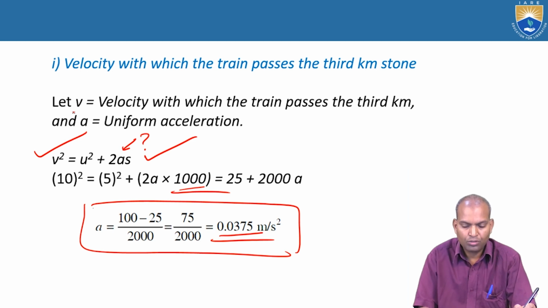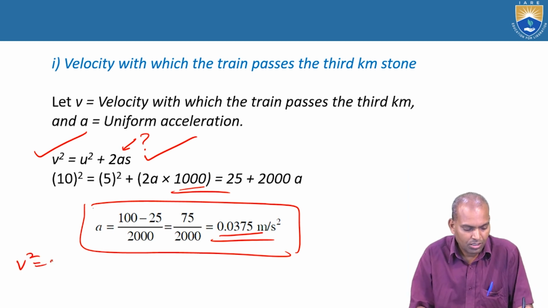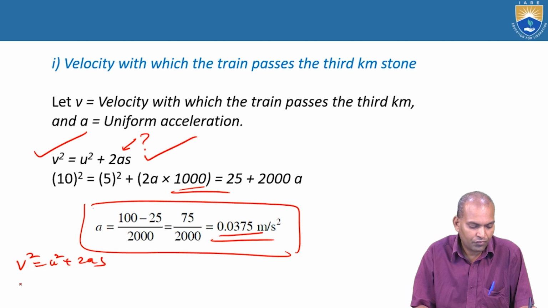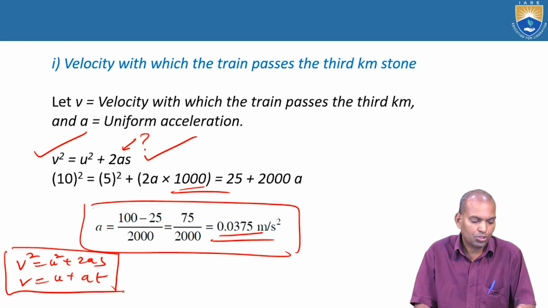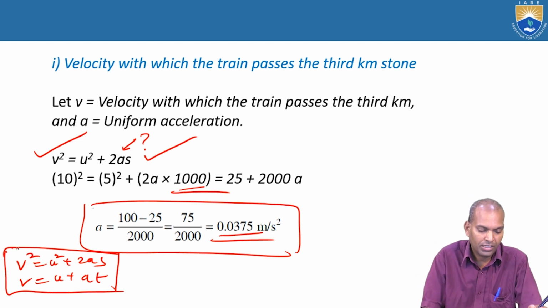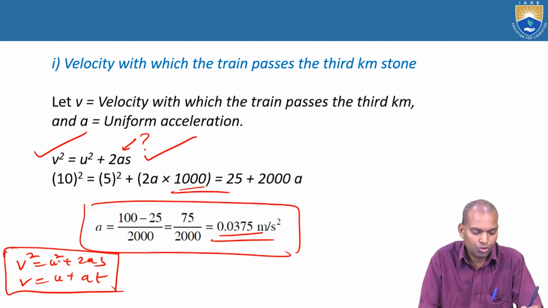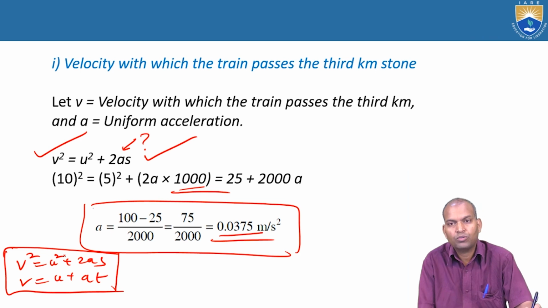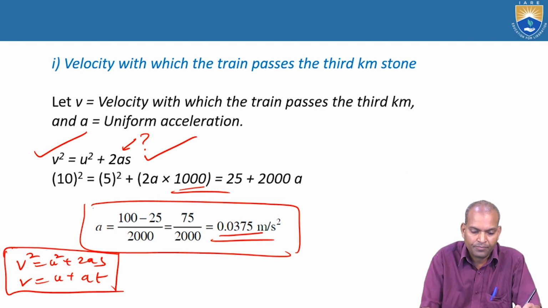One is v square equal to u square plus 2as, and another one is v equal to u plus at.